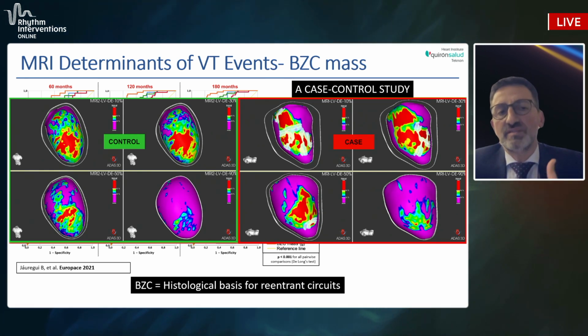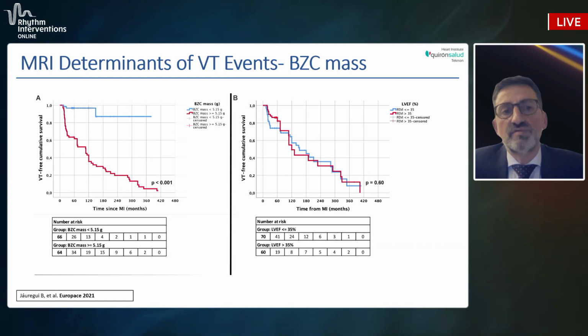So this is what is really responsible that a patient will have a VT during follow-up after a myocardial infarction. And this is the histological basis for VTs.